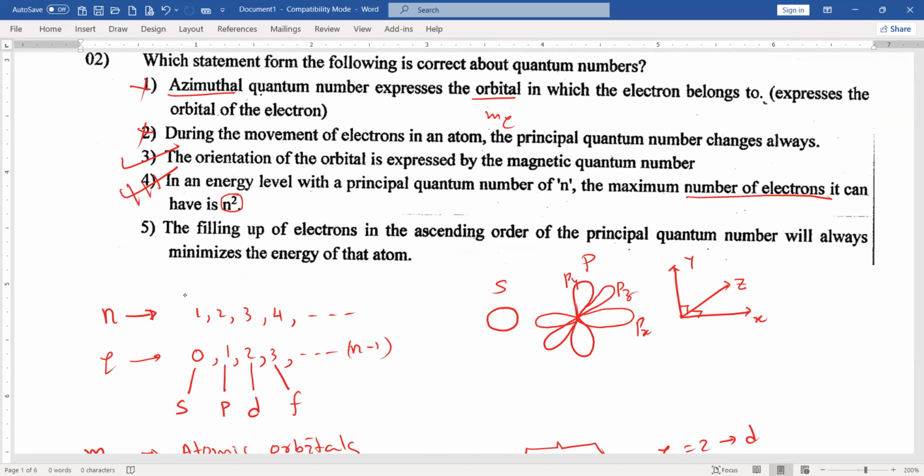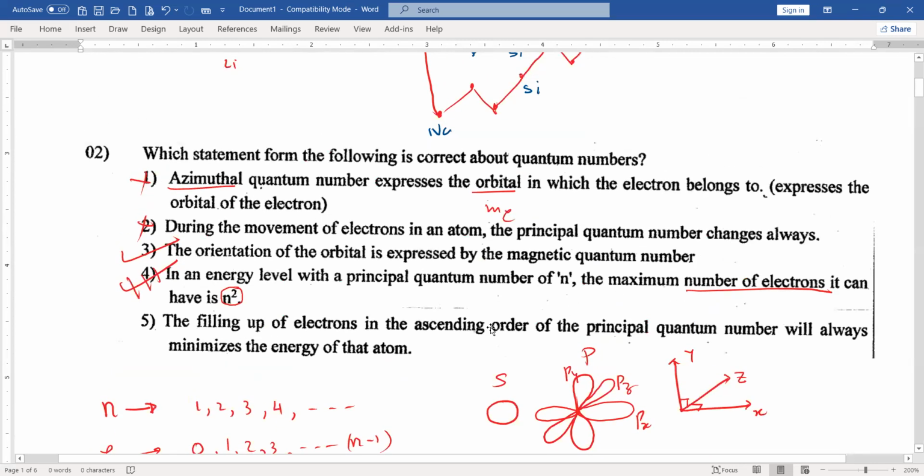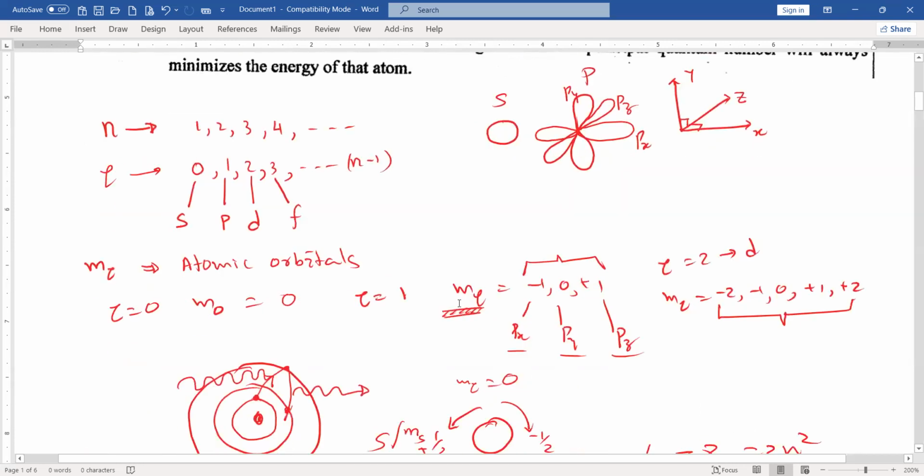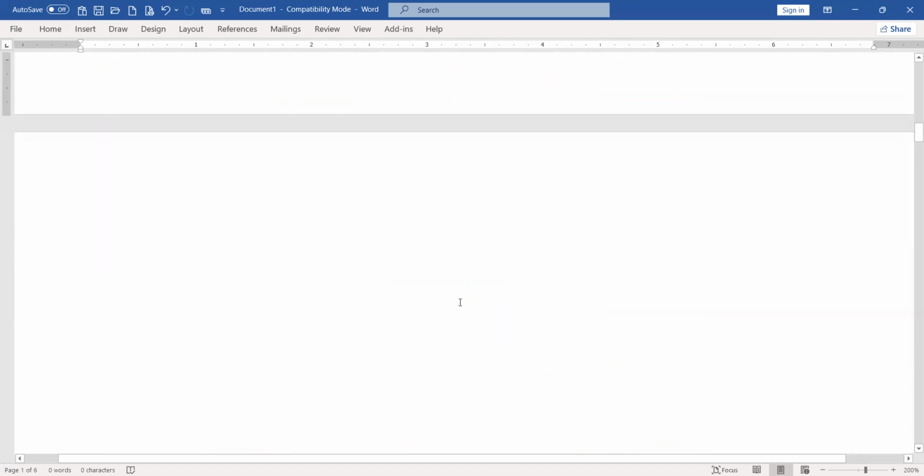The fourth one is wrong. Building up electrons in the ascending order of the principal quantum number will always minimize the energy of them. Let's see. According to that statement, first it will fill electrons into the first energy level, n equals 1, then n equals 2, then n equals 3.